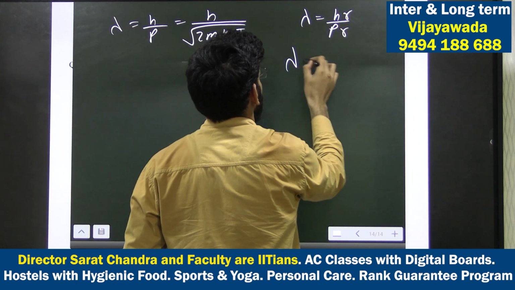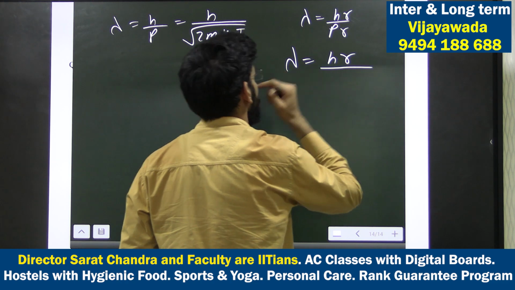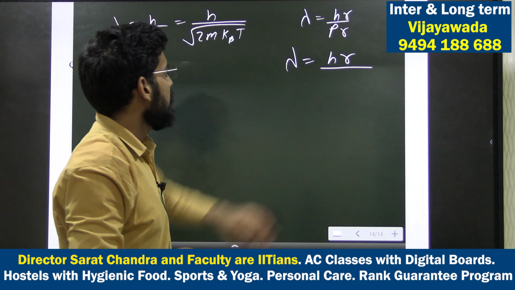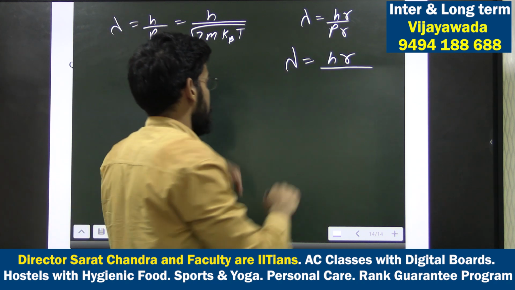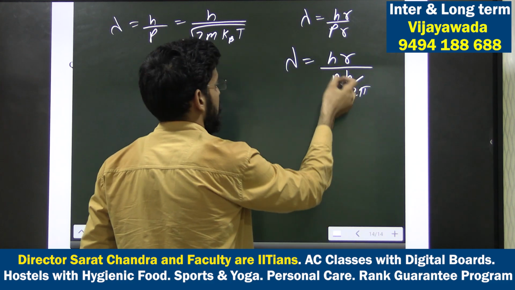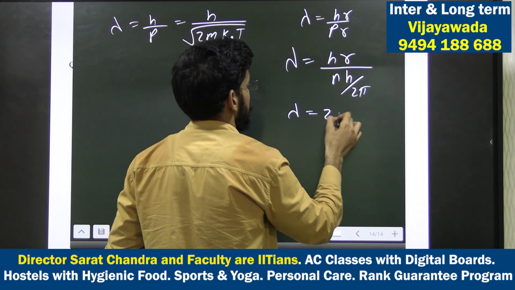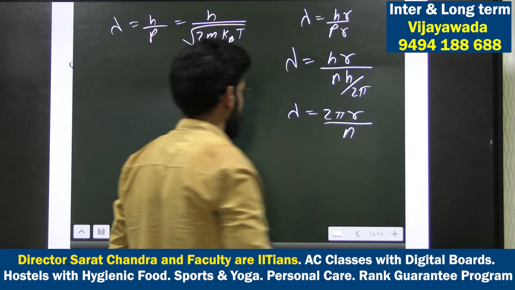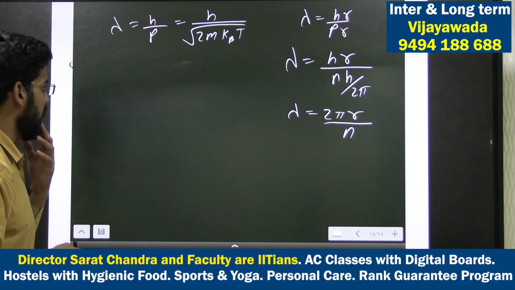So lambda equals hr divided by mvr. Okay, mvr is what? nh upon 2 pi. So here h got cancelled out, lambda equals 2 pi r by n. Okay, this is the lambda and n relation at a radius r.